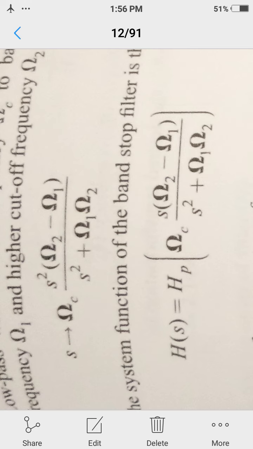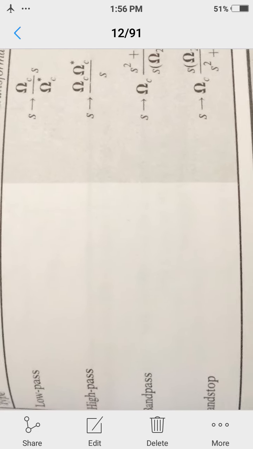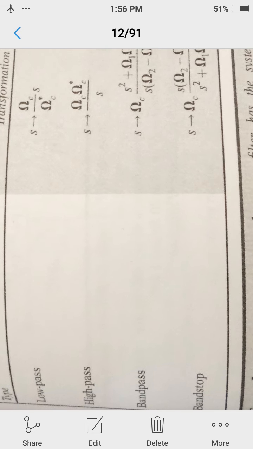So this substitution will occur, and you can summarize this into a table: low pass, high pass, band pass and band stop. These are the expressions that we will be substituting. It can be better explained by solving some numericals.